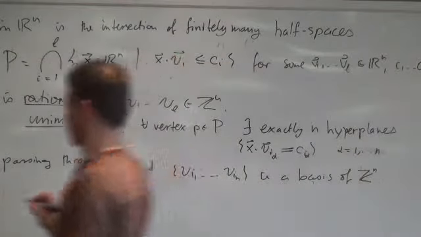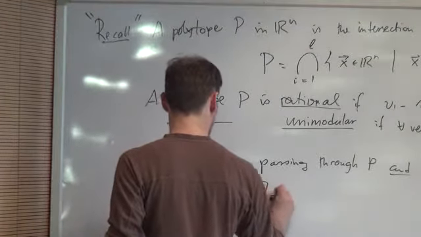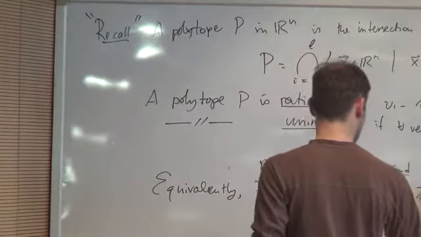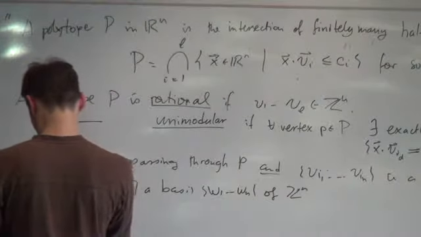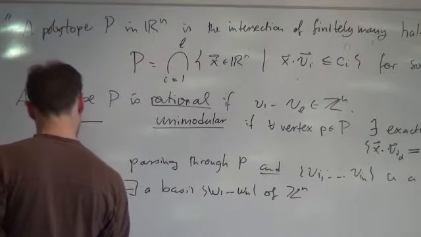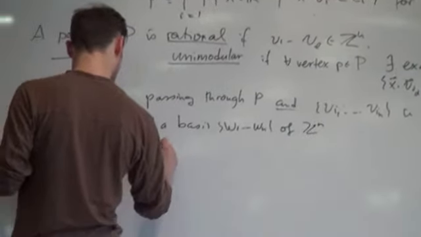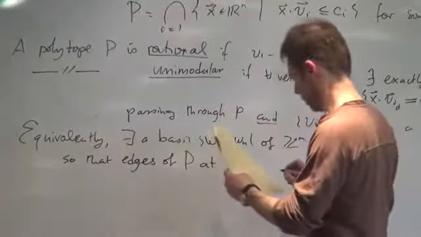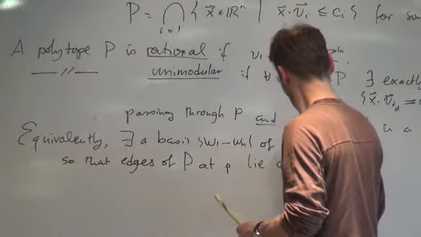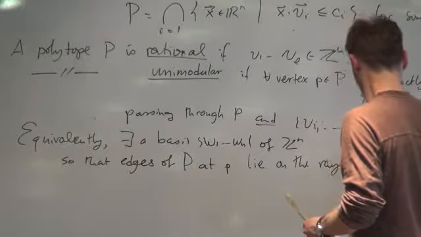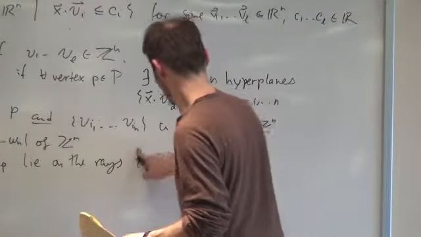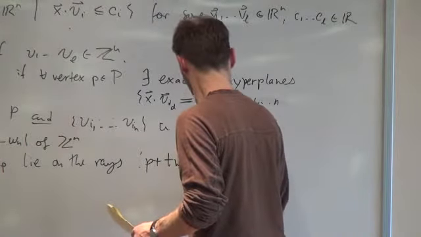Equivalently, there is a basis w_1 through w_n of Z^n, so that edges of P at a vertex p lie on the rays p plus t w_i, where i is between 1 and n.